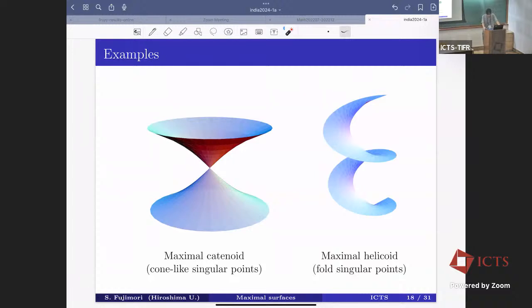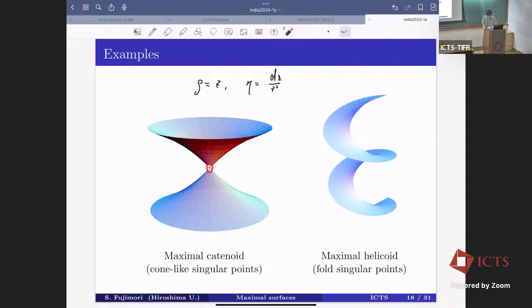And also, if we take the Weierstrass data G equals z, eta equals dz over z squared, then we have the maximal catenoid.